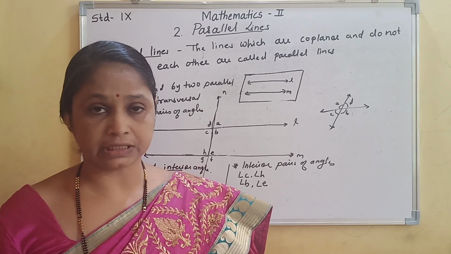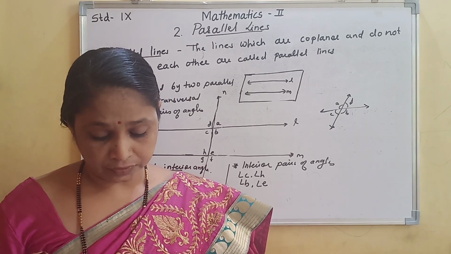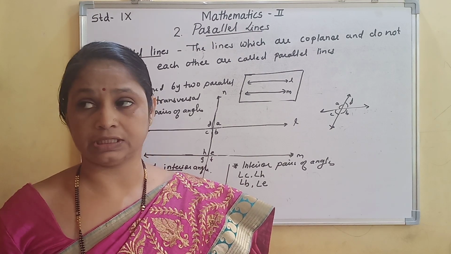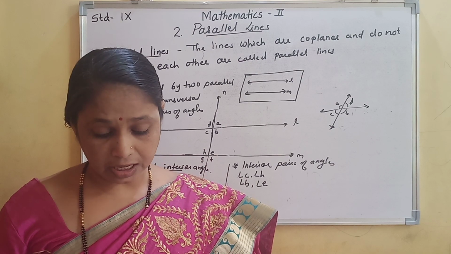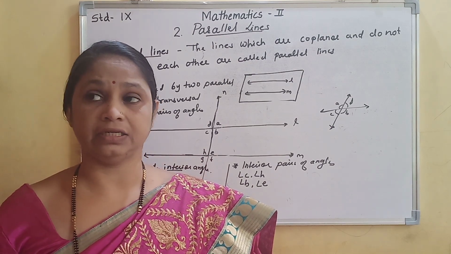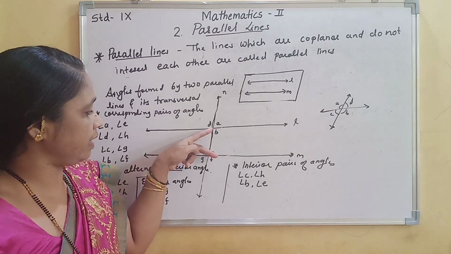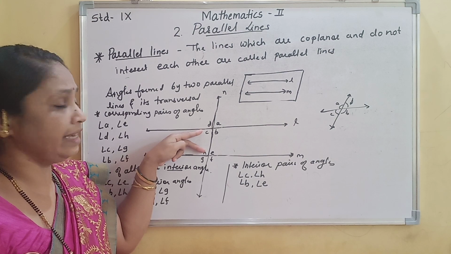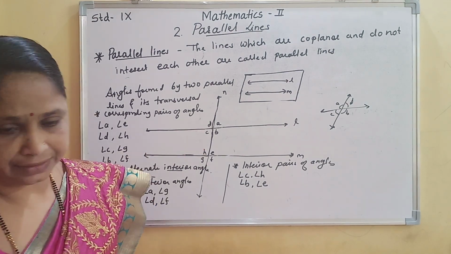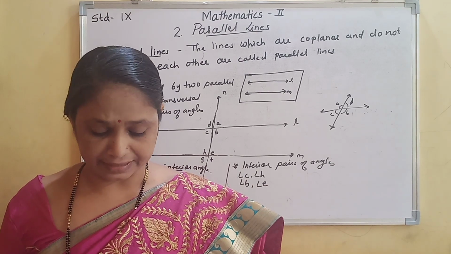Now the fifth property is: when one pair of interior angles on one side of the transversal is supplementary, then the other pair of interior angles is also supplementary. Suppose angle B and angle E are supplementary, then angle C and H will also be supplementary.